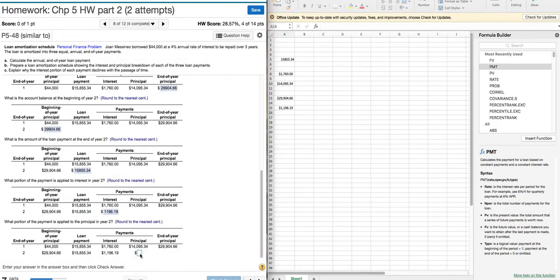And how much of the payment went to principal? We take our payment, $15,855, and subtract the portion that went to interest, and the remaining must have gone to principal. In this case, we had $14,659.15.